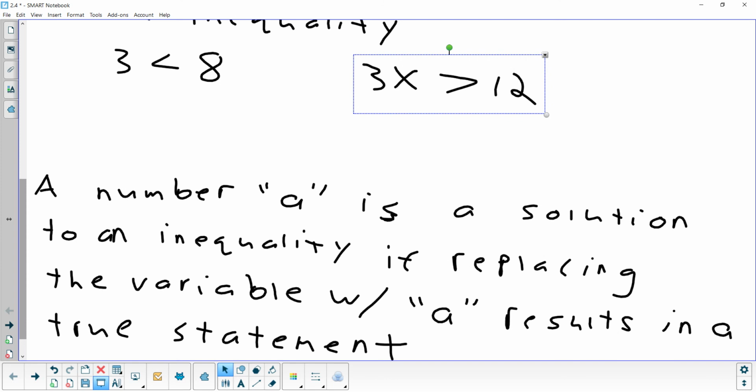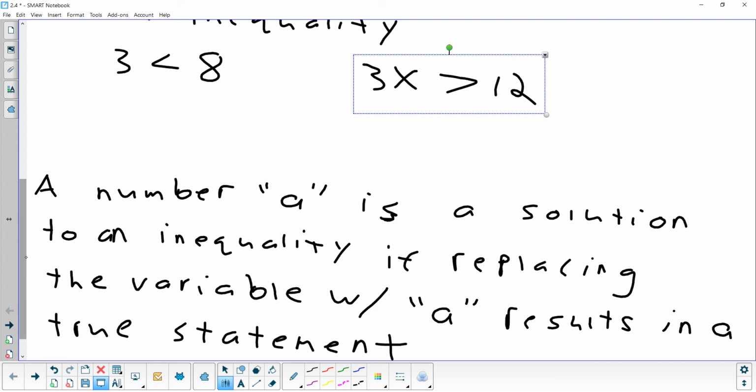So if you want to check if a number is a solution to an inequality, you take the variable, you replace it with the number you want to check, and then see if that results in a true statement. So let's say I wanted to check if 5 was a solution in that inequality that has the blue box around it.